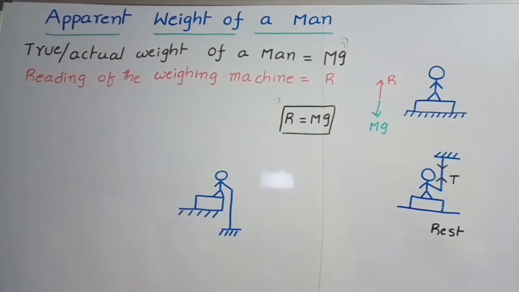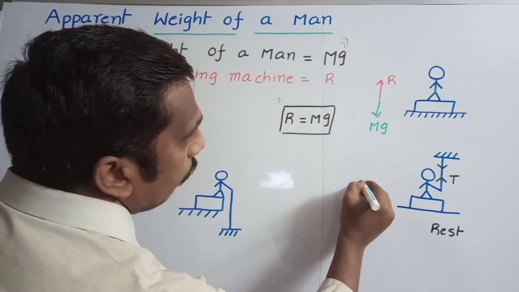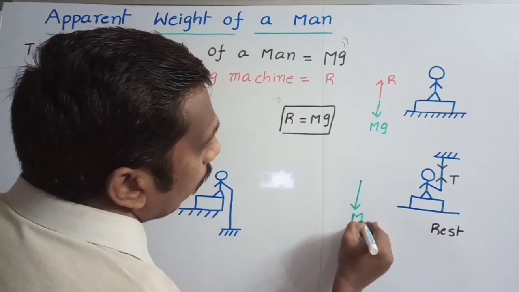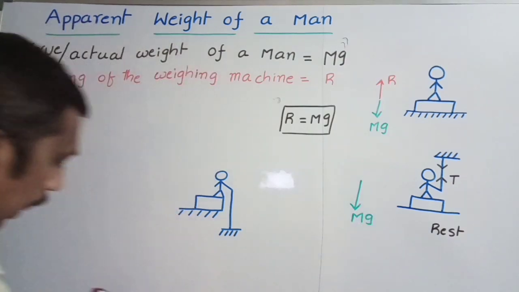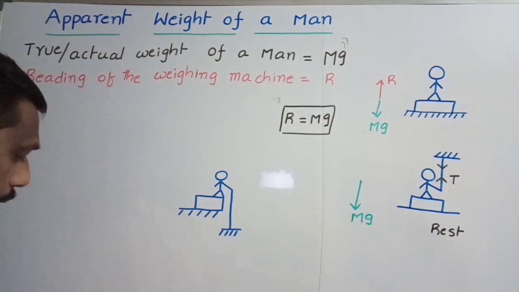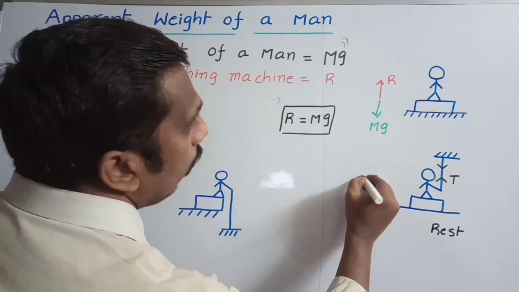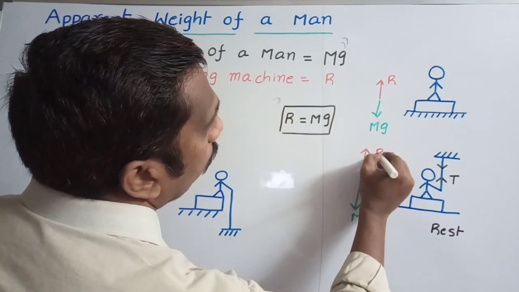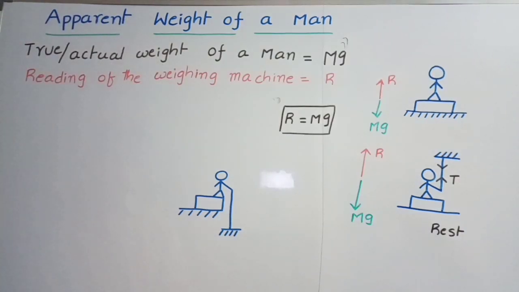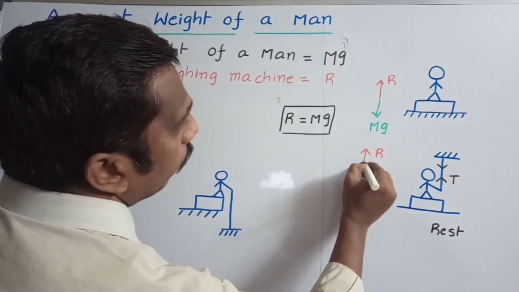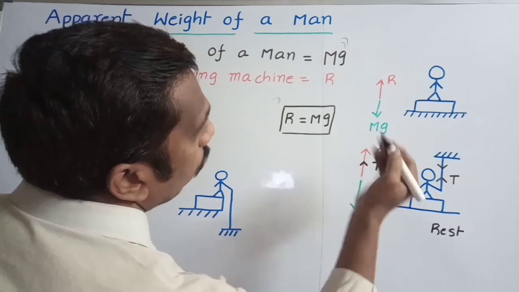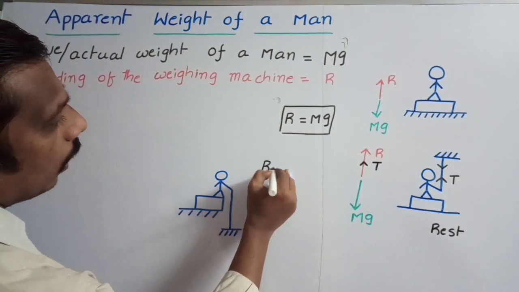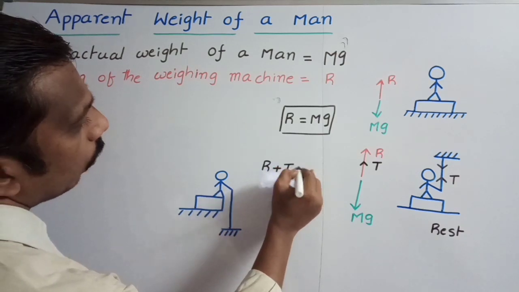In this case, in the downward direction his weight mg is acting, but in the upward direction the reaction force, that means the normal reaction, and in addition to that the tension T is also acting. Net force is equal to 0. In this case, reaction force plus tension T is equal to weight.